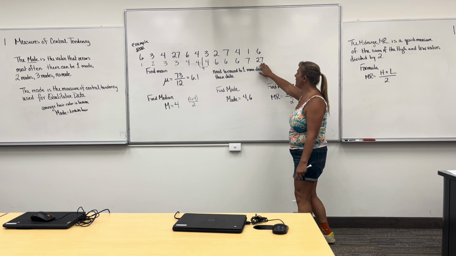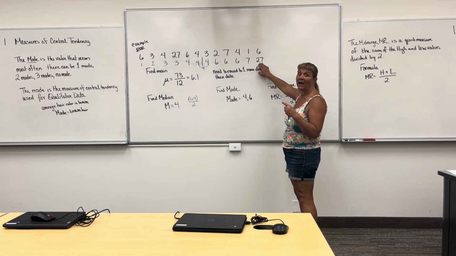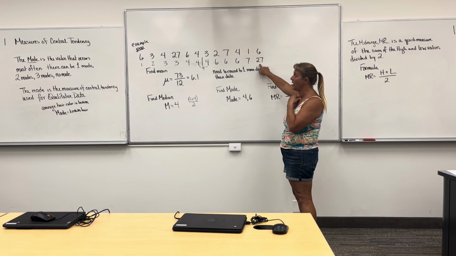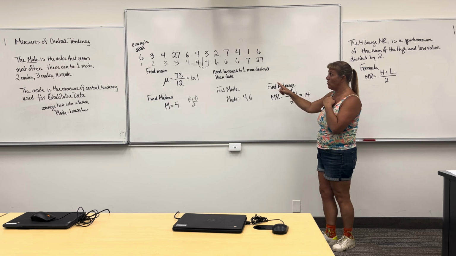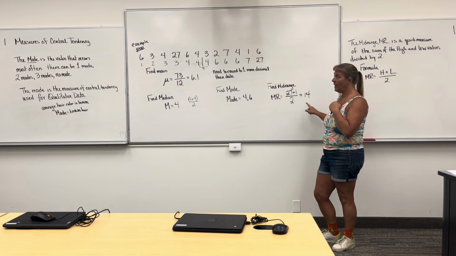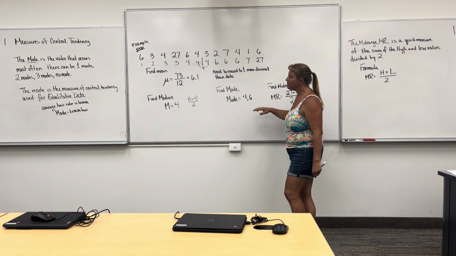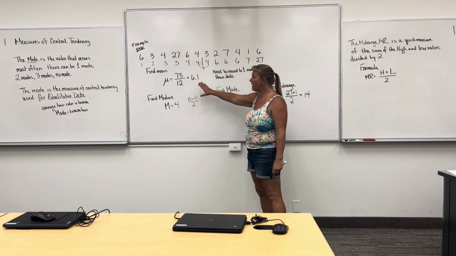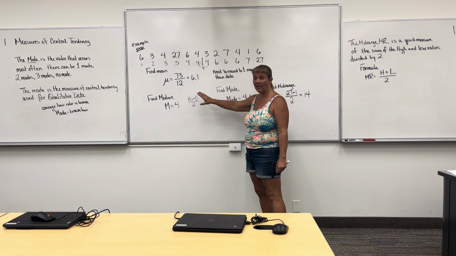But it can be very off depending on if you have that high value, that weirdo value that we have. If you do, this number doesn't represent your set of data at all. It's very off, okay? It's very skewed. So it's better to rely on the mean and the median.